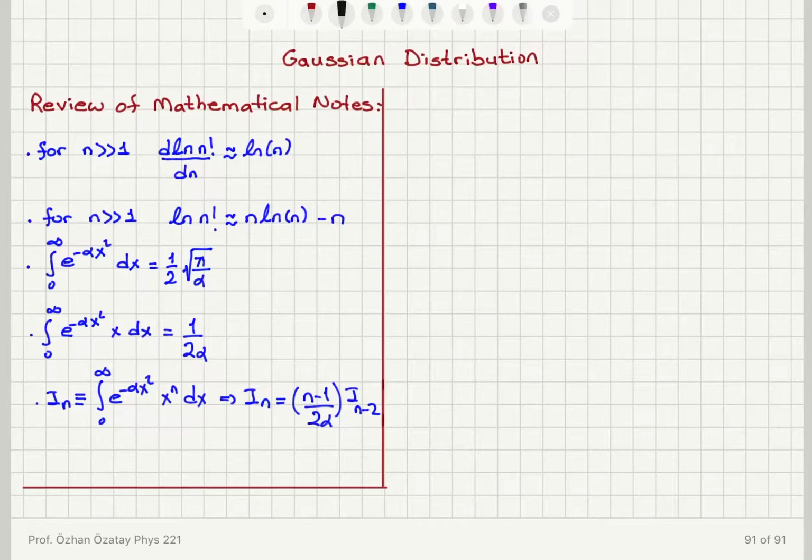So let's start by considering the binomial distribution for large values of elements in the ensemble.